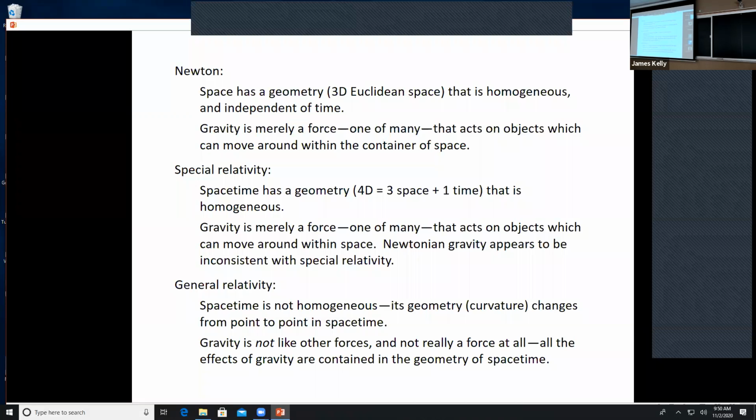More importantly, gravity is not like other forces. We're going to find out that in the context of general relativity, particles that aren't too massive don't distort space-time by themselves, they tend to still travel along straight lines.